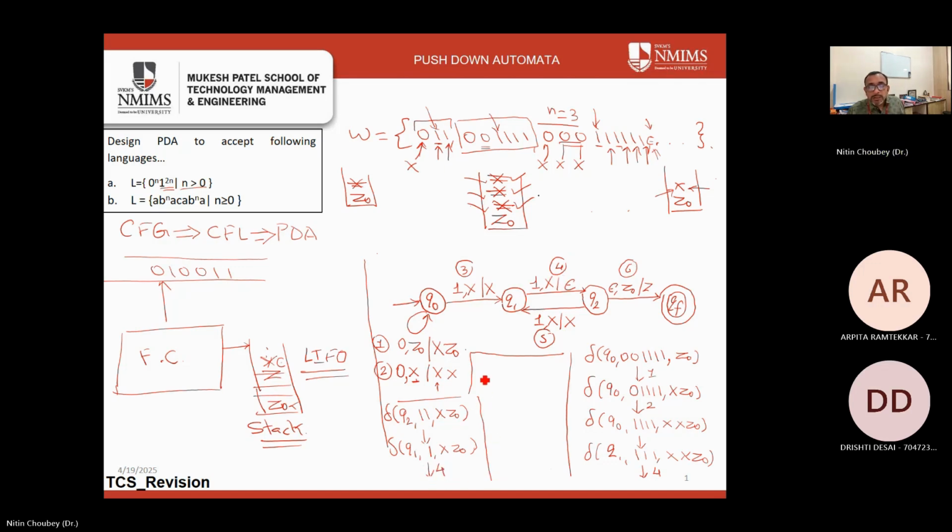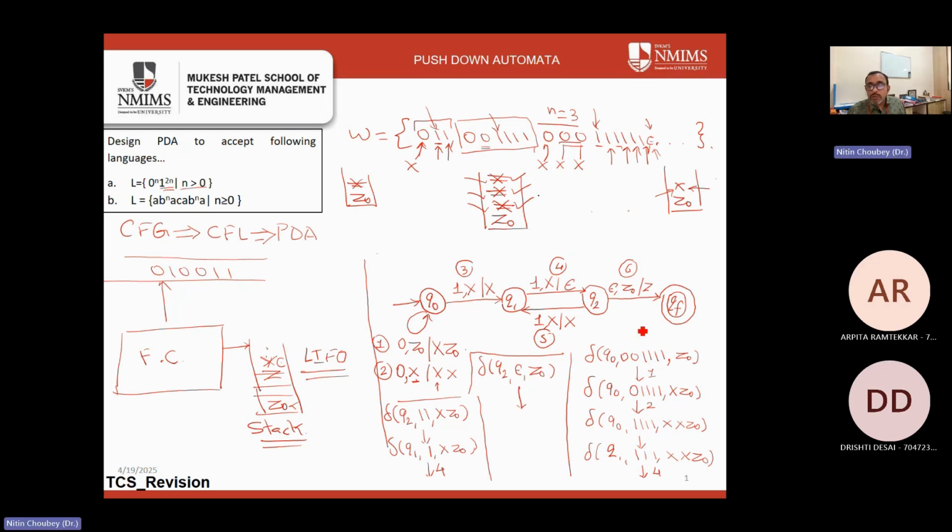So we have Q2. This one will get consumed, so we are left with epsilon here. And for this rule number 4, we are removing this X from the stack. So on stack top, we will have Z0.